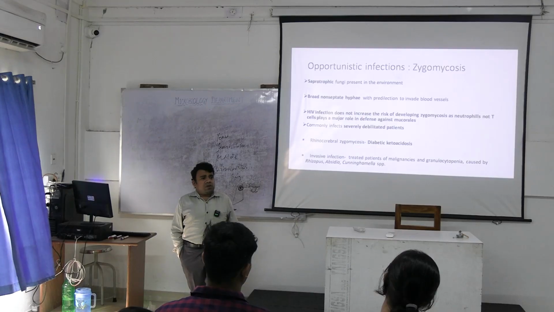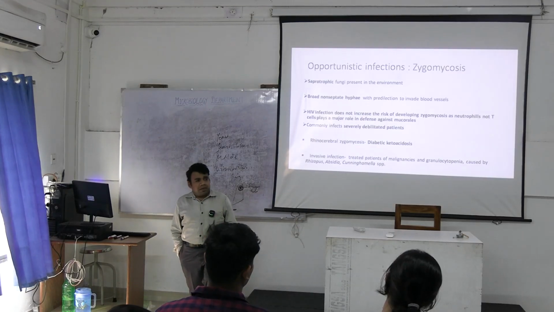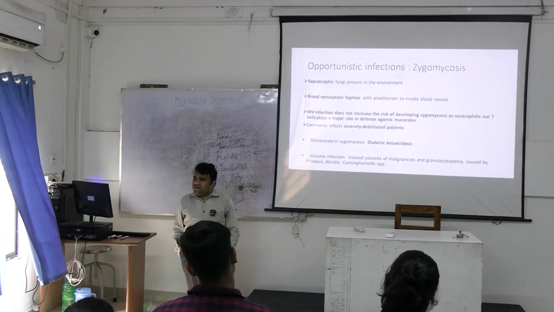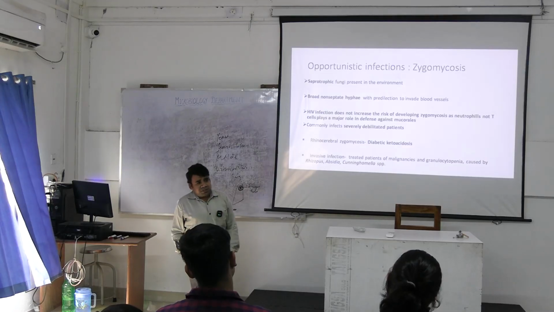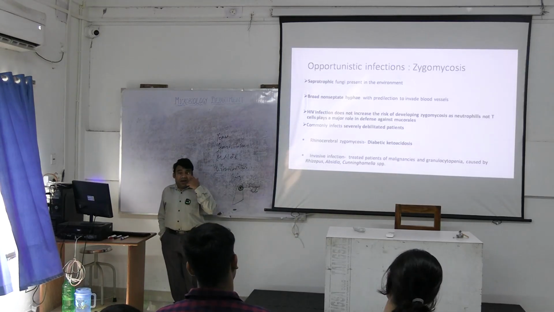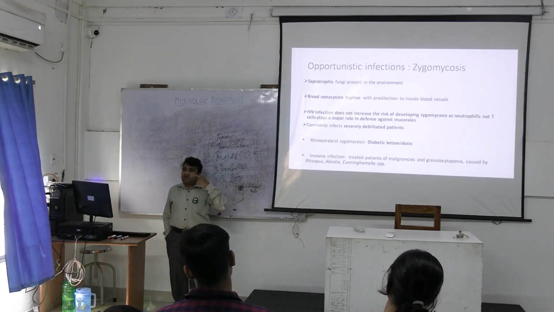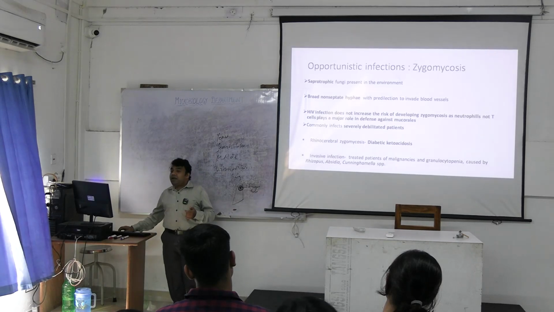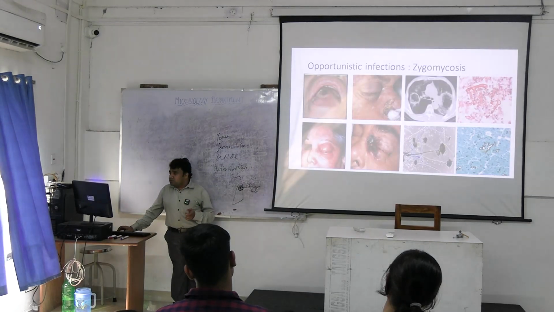When this blood coagulates, it appears as black in color, hence they are called as black fungus. The most common presentation would be seen with rhinosinusitis, that is the infection of the nose and sinuses, and pulmonary involvement.